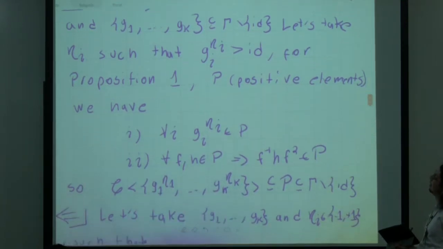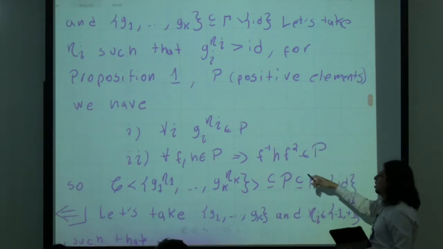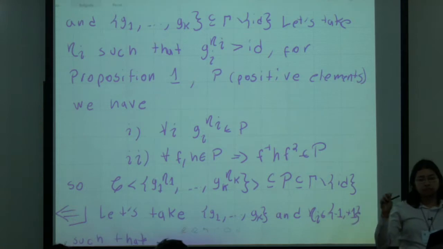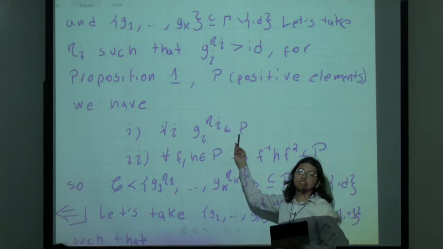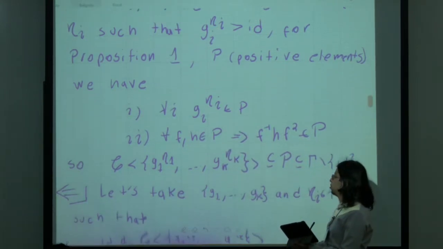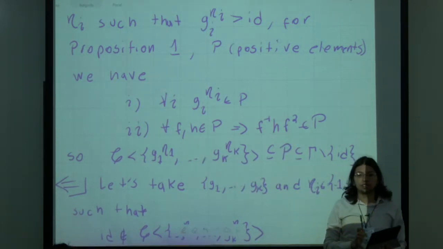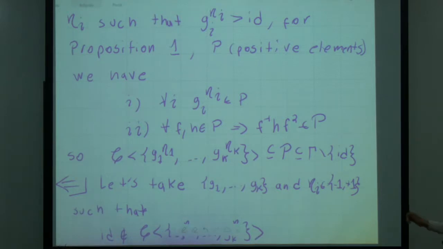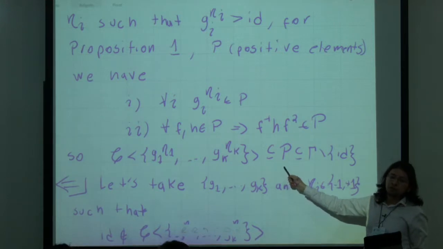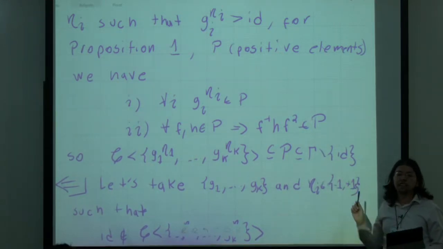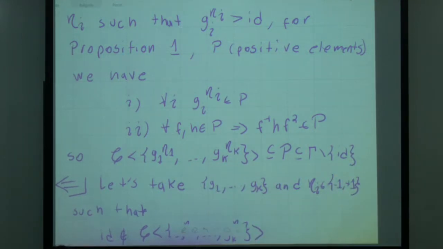By the proposition, we can see that the semigroup of positive elements satisfies the two properties of this weird set, because all of these belong to the positives by construction, and by proposition 1, for all positive elements we also have that this element is positive, right? So this weird semigroup must be contained in this semigroup that doesn't contain the identity. So this semigroup doesn't contain the identity, right?